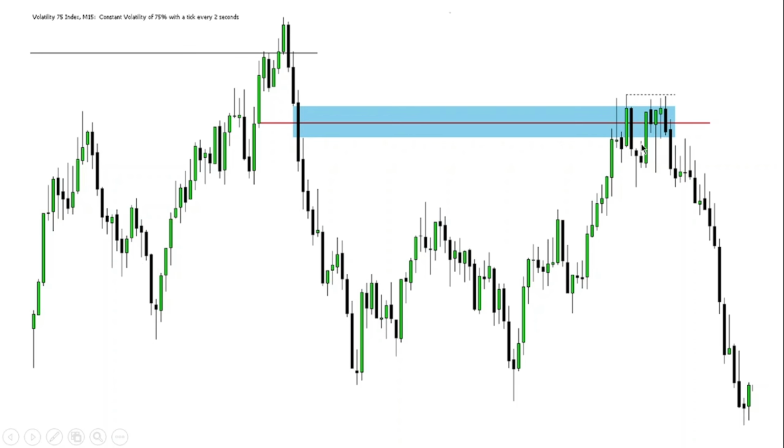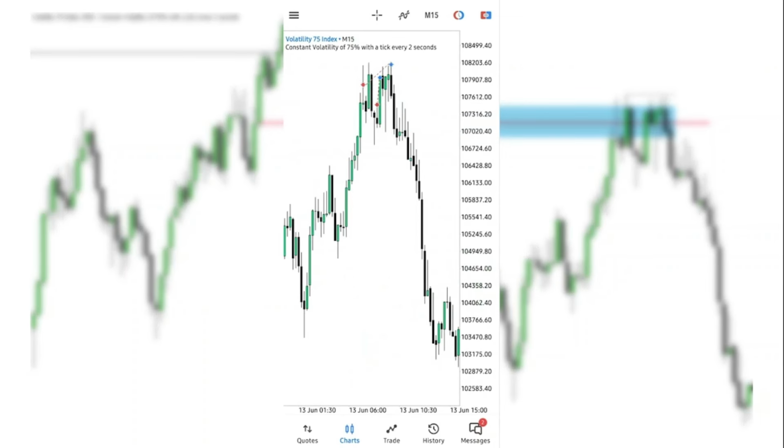Because my stop was tight, this is what happened. See, I took my sell position, got stopped out, and even when I saw an M15 change in state of delivery after returning to that H1 order block, I took a sell position, my stop was still tight, and price left me. That's to the right.